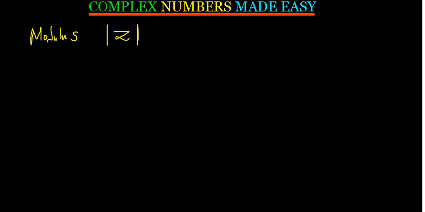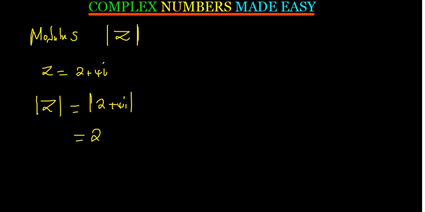So if you have z equal to 2 plus 4i and you want to find its modulus, that will simply be 2 plus 4i in bars. For the modulus, just get the first number and square it, plus the number in front of the i, don't get the i, you square it, and then you square root. That will be the modulus.